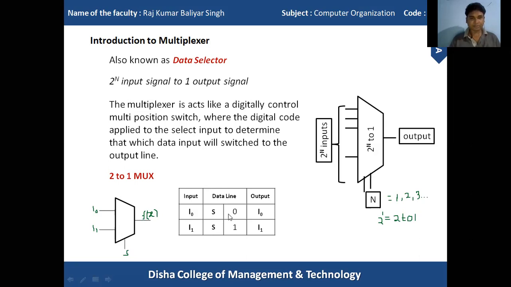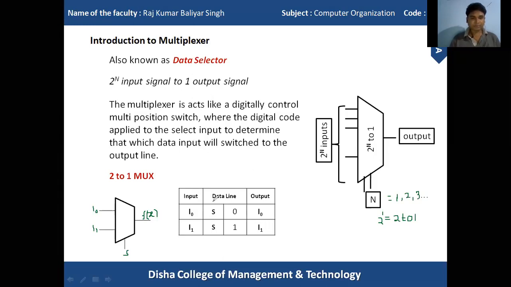But this multiplexer receives two input values, I0 and I1. When S equals 0, I0 is available at the output side, and when S equals 1, I1 is available at the output side.